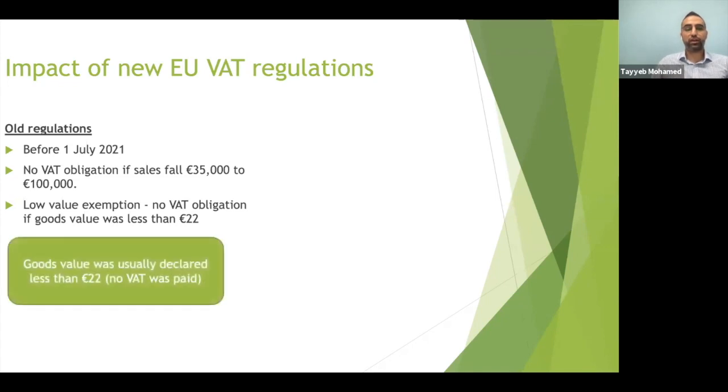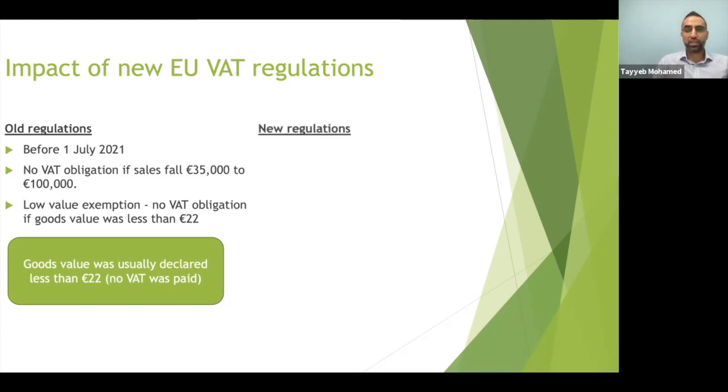And for sellers who were fulfilling their orders from outside of EU, most of the suppliers were simply declaring the value within 22 euros, and hence they were not subject to any VAT. That's why you were not exposed to VAT regulations before 1st July.